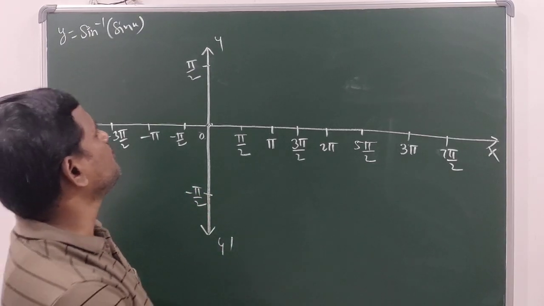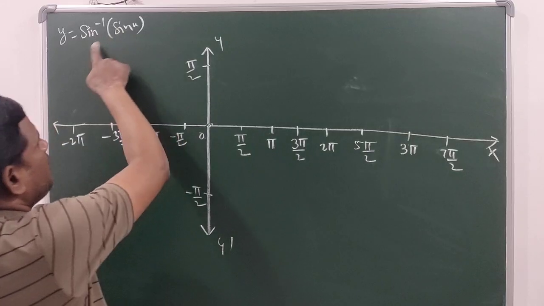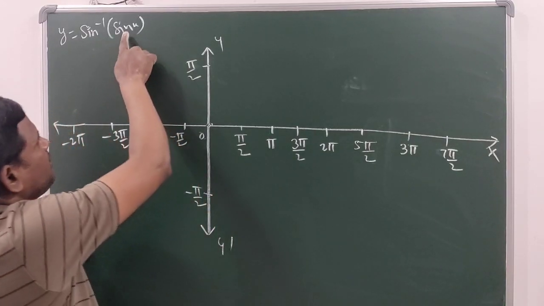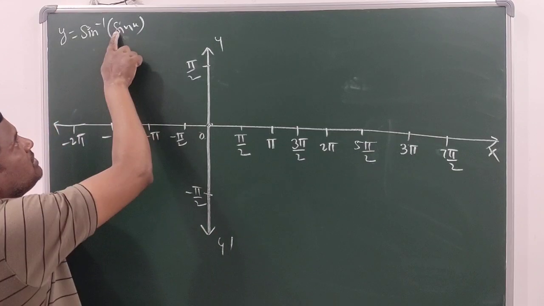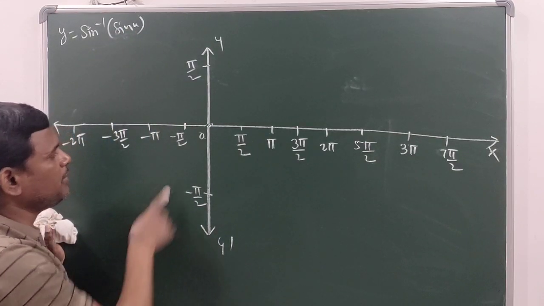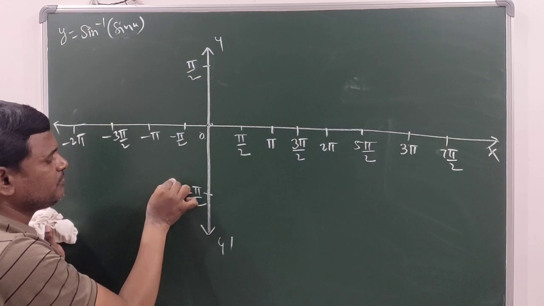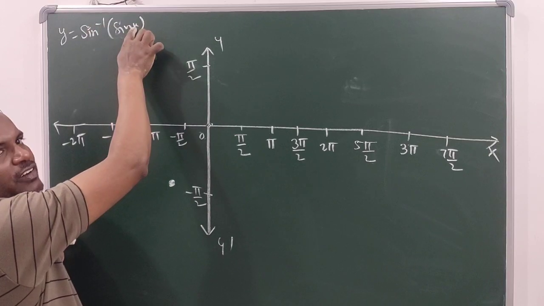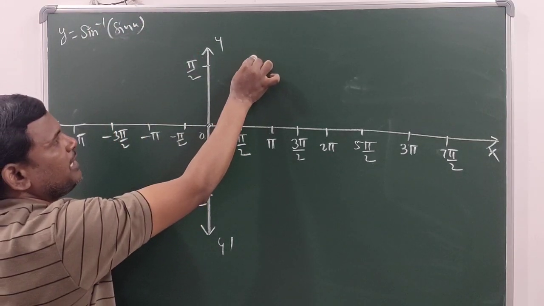Okay, now observe the graph of this function. As I said to you, this inside sine ranges from where to where? Minus 1 to 1. If you write minus 1, you will get here. Plus 1, sine inverse of 1, just now we have seen, 90 you will get.